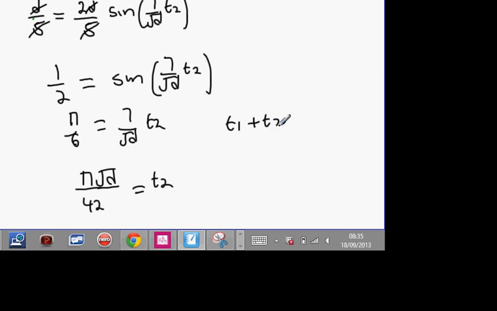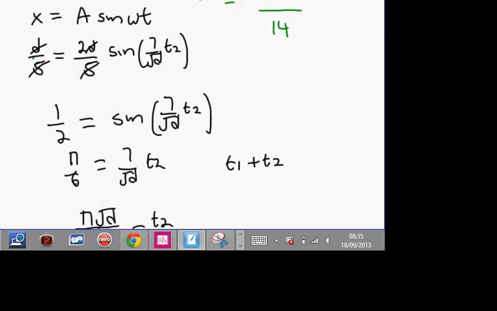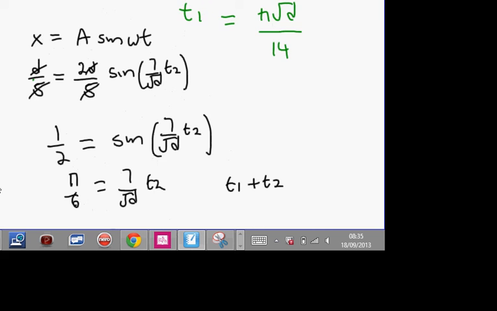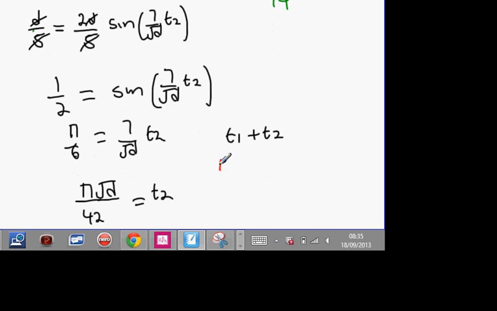Now the trick to adding T1 and T2 together is just ignore the root d and use your calculator. So we're going to get pi root d over 14 plus pi root d over 42. What we can actually see there is that there is actually a very simple common denominator there, isn't there?